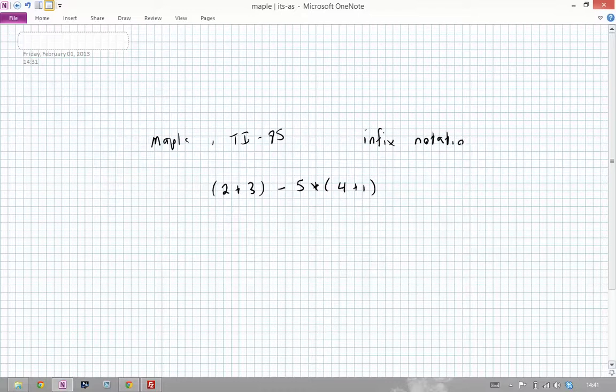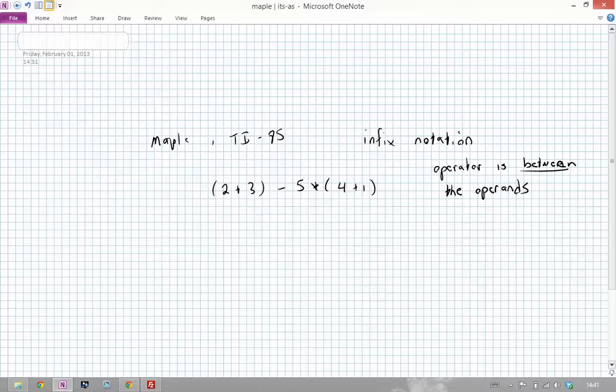And who would believe that there are actually different ways of writing out these mathematical or arithmetic expressions? But there are. Infix means that the operator occurs between the things that it's acting on. So the operator is between the operands.